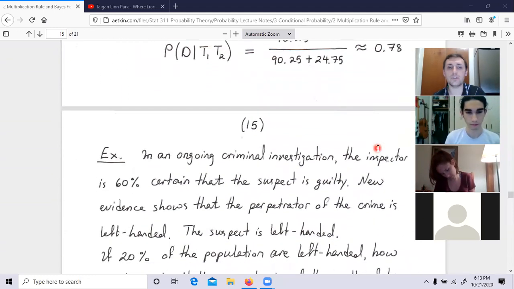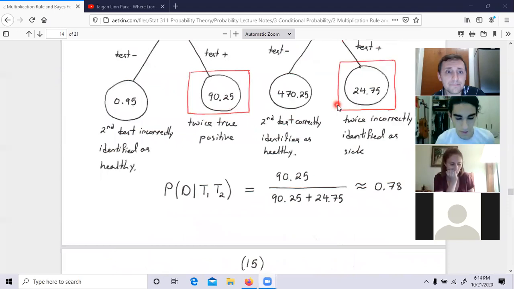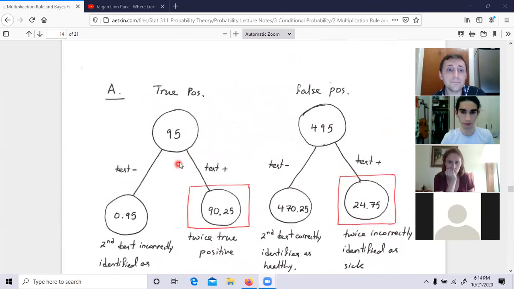Here's another question of this form. You're saying I made some error. Well, you see, so let's see. So for test to be positive, what you do is you take from here, you take 90.